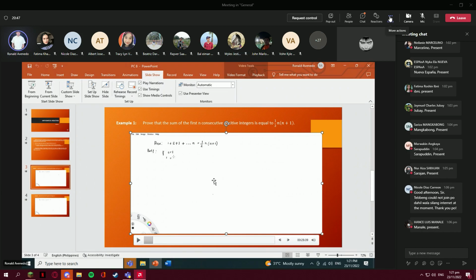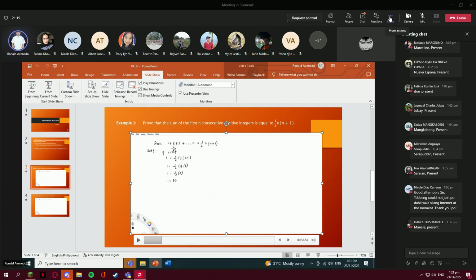And the first term is 1. So 1 equals 1/2, just substitute. Then 1/2, 1 plus 1 is 2. Half. So 1 is equal to 1.